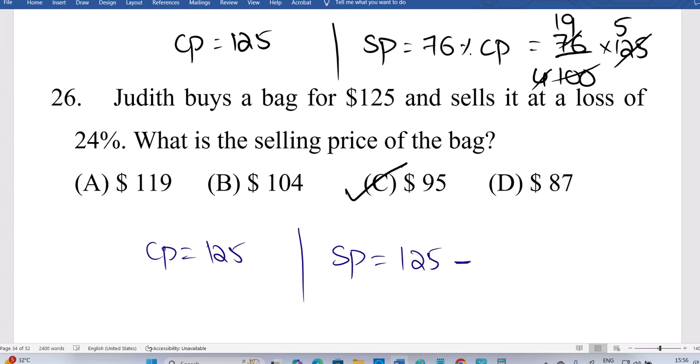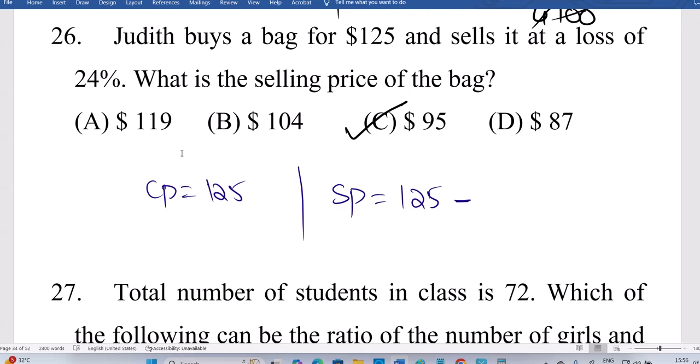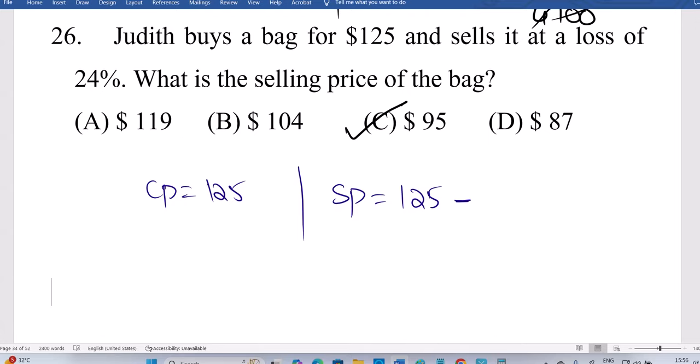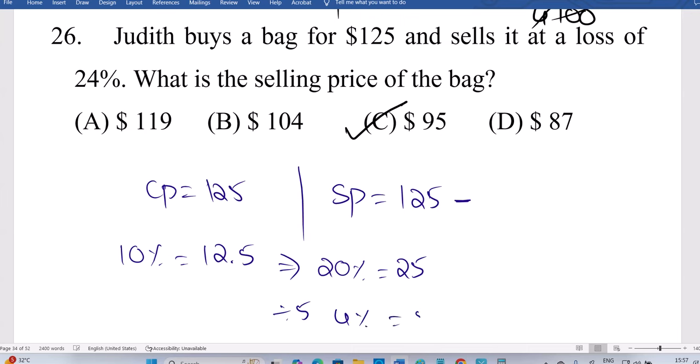How much less is 24%? What is 10% of 125? 12.5. 20% is 25. You want how much loss? 24. Divide this by 5. 20% is 25, then 4% is 5. Adding 24%, 30 rupees is the amount. You remove it, 95 is the answer.